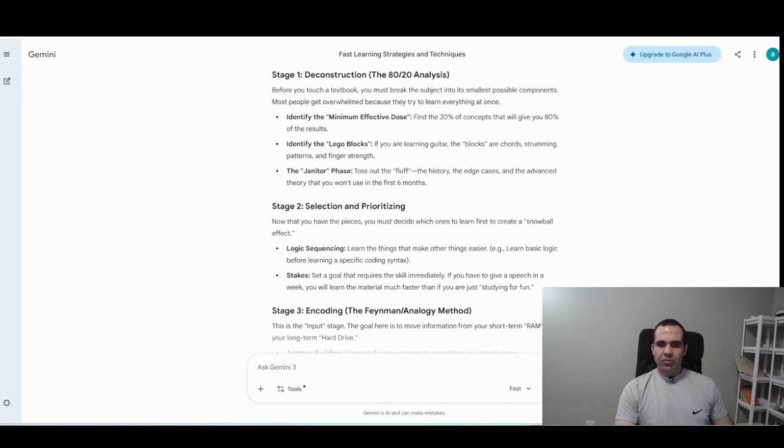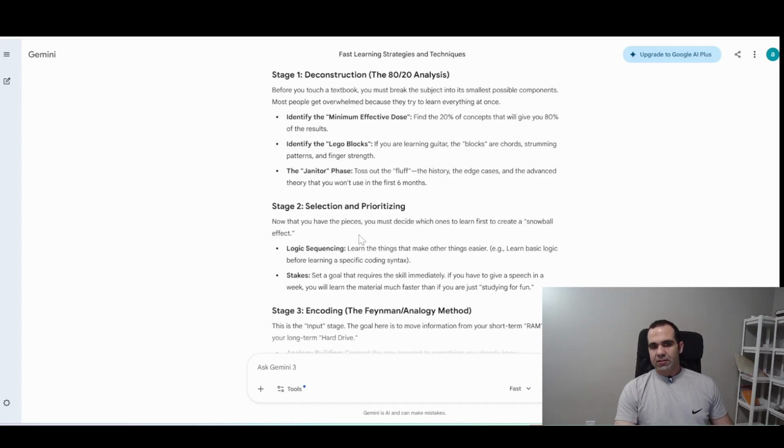Selection and prioritizing. Now that you have the pieces, you must decide which ones to learn first to create a snowball effect. Okay, first we break it down piece by piece, and then we prioritize.